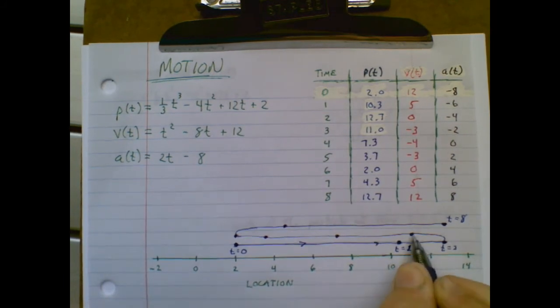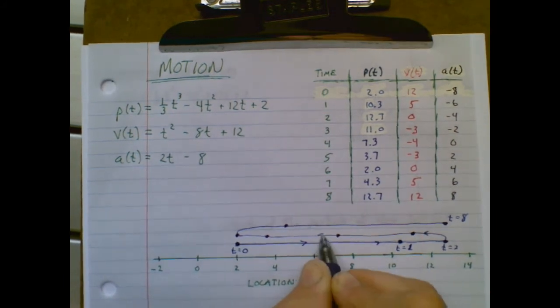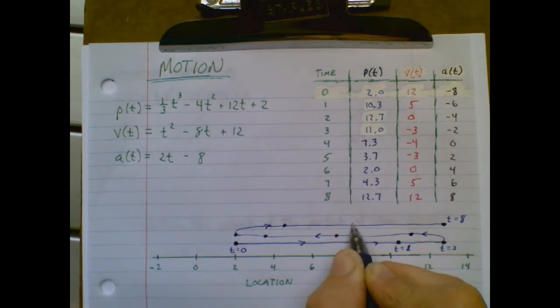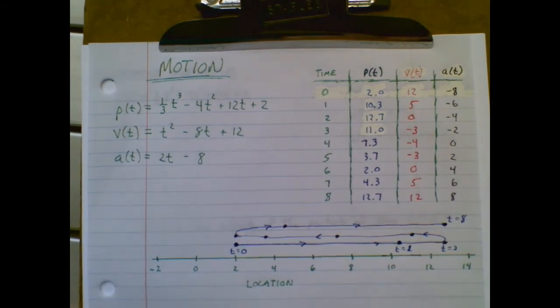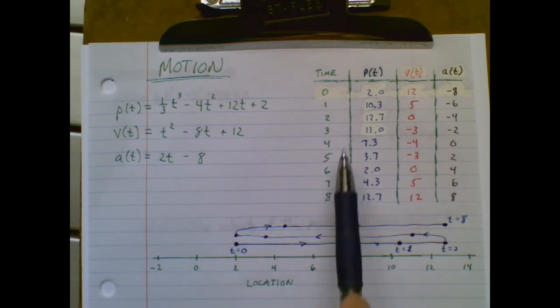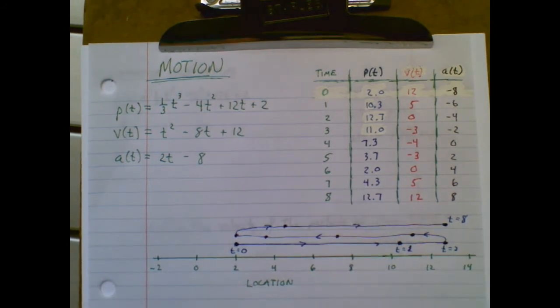So you see what this little particle is doing, just cruising around, traveling to the left and the right above a horizontal axis. I got all those locations by plugging into the position function. So that's usually the framework that the AP is going to ask you motion questions. They will vary from it, but you have to understand that style.